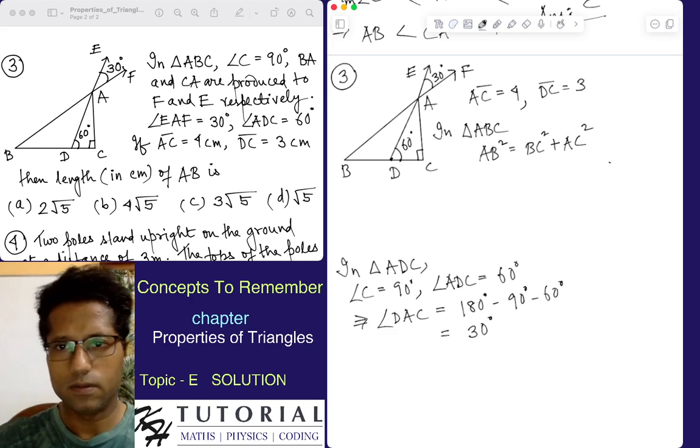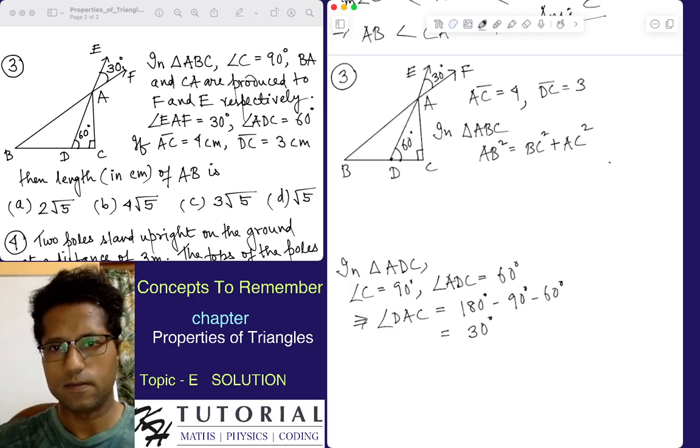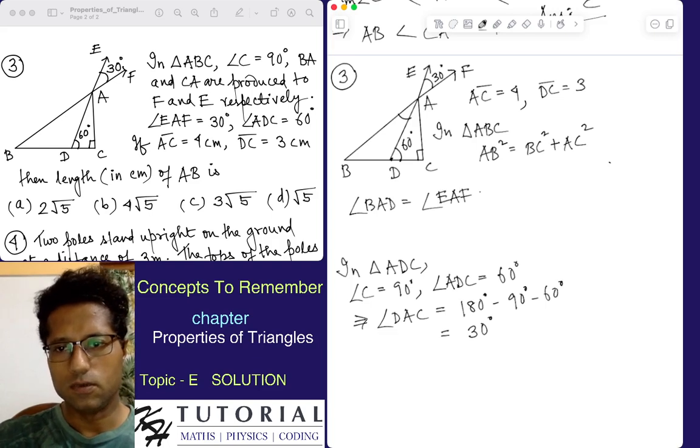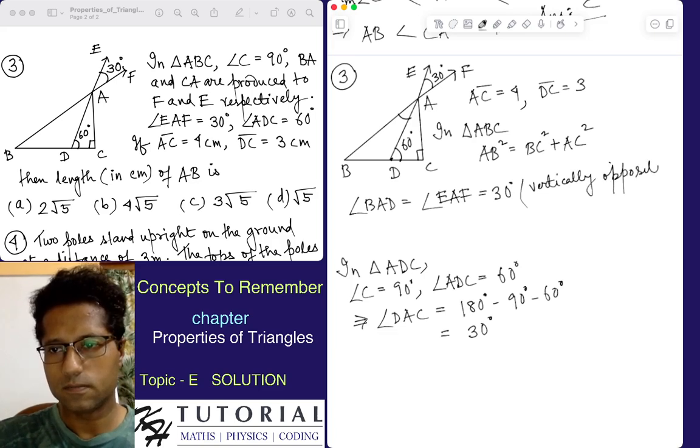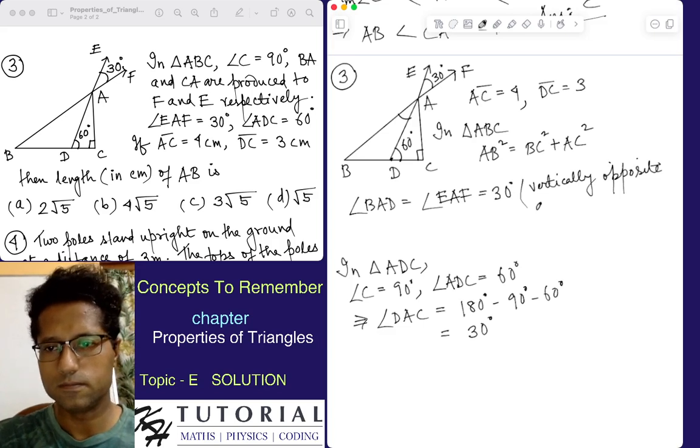So we must have angle BAD equal to angle EAF equal to 30 degrees, because they are vertically opposite angles.